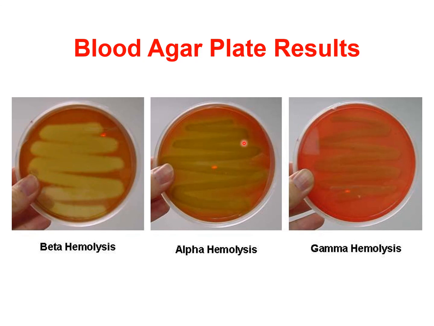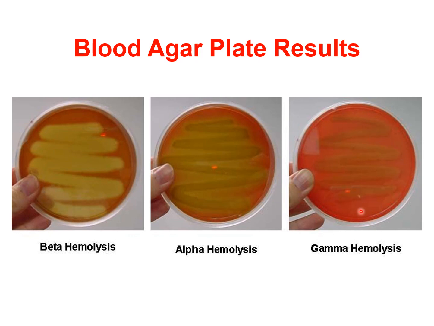Alpha is a partial breakdown. And when you get partial breakdown, see how it's still not very translucent? So it's partial and it's giving you that murky green color that I was talking about. Notice how in this one, you could totally see the red blood cells. I mean, you could see the red color of the plate.